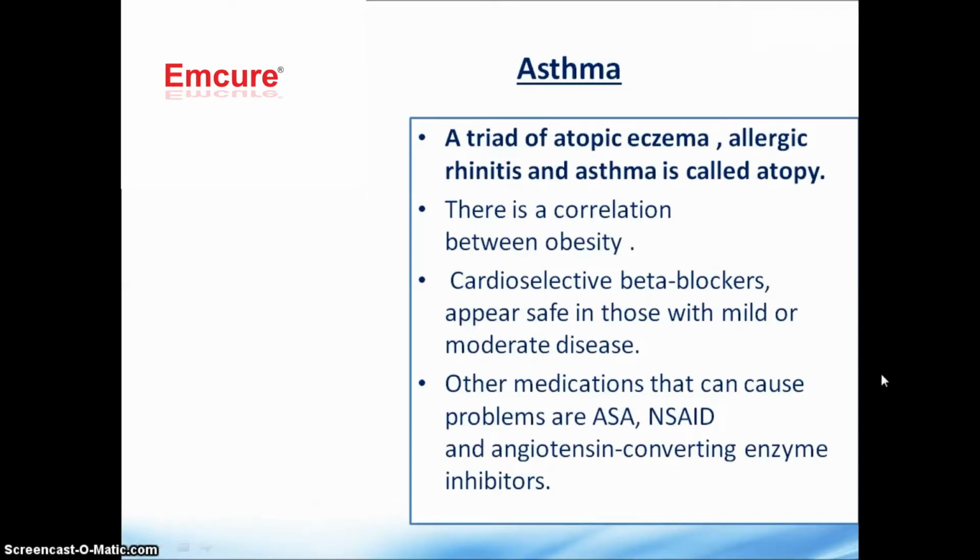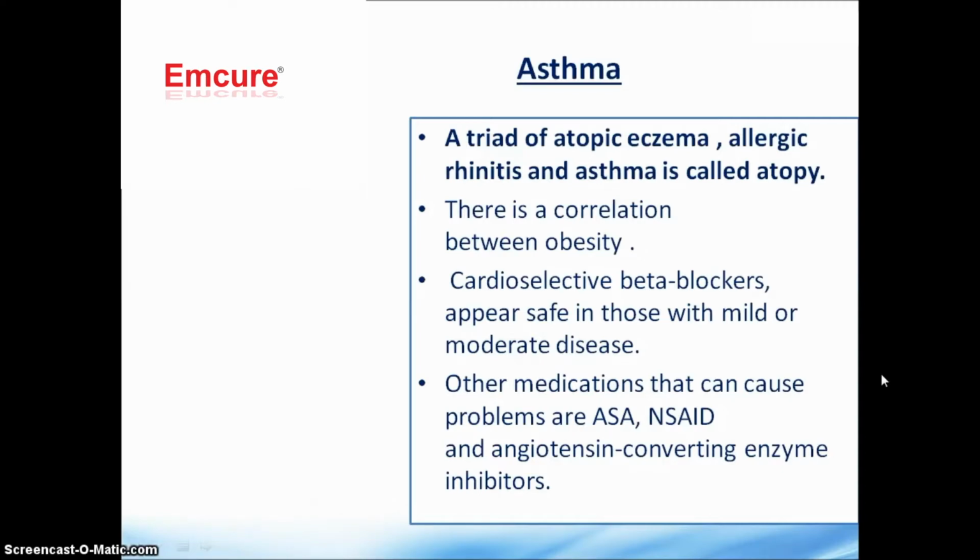Cardioselective beta blockers appear safe in those with mild or moderate disease. Other medications that can cause problems or cause an episode of asthma in patients are commonly the non-steroidal anti-inflammatory drugs, the aspirins, and the ACE inhibitors.